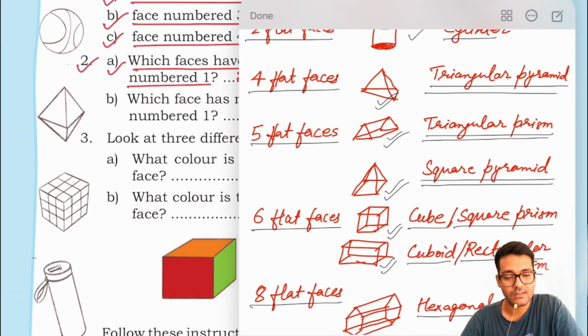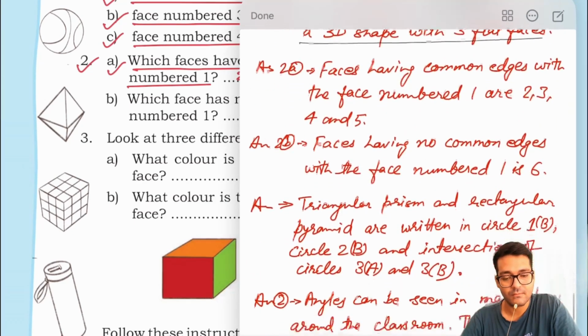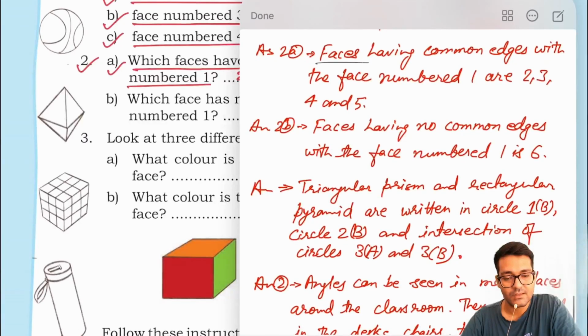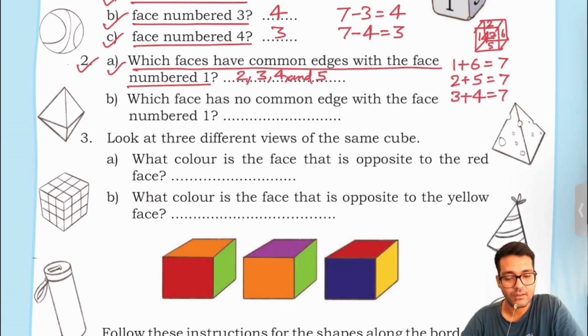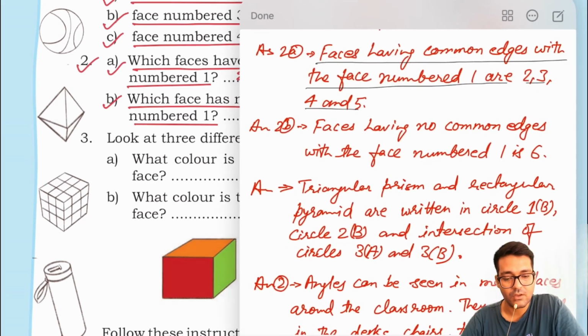You can write like this. Faces having common edges with the face number 1 are 2, 3, 4 and 5. B. Which face has no common edge with the face number 1? The answer is face number 6. You can write like this. Face having no common edge with the face number 1 is 6.